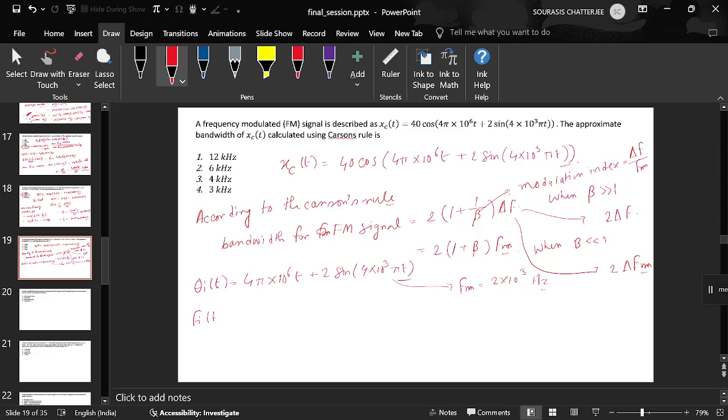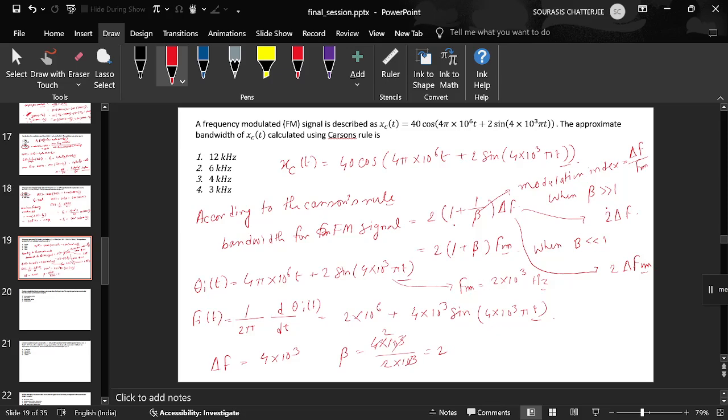Now the instantaneous frequency is obtained as 1 over 2 pi d/dt of theta i(t), which is 2 times 10 to the power 6 plus 4 into 10 to the power 3 sine 4 into 10 to the power 3 pi t. From this expression we can see the maximum frequency deviation is 4 into 10 to the power 3. So that means our beta is 4 into 10 to the power 3 divided by 2 into 10 to the power 3, that is 2.